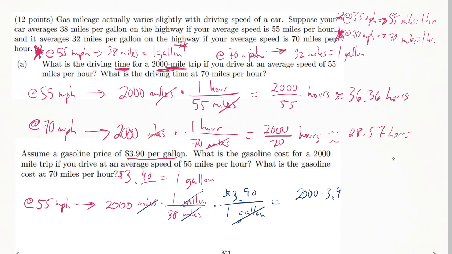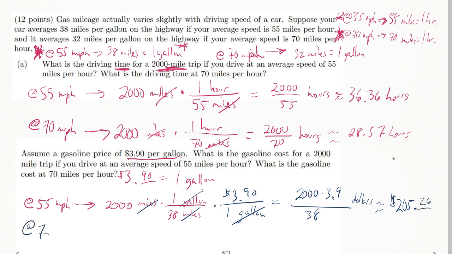Instead of writing 3.90, you can just put 3.9 over 38, and then this will be US dollars, in fact. So if you actually go through this calculation, you'll see, and we'll round it to the nearest cent, this is $205.26.